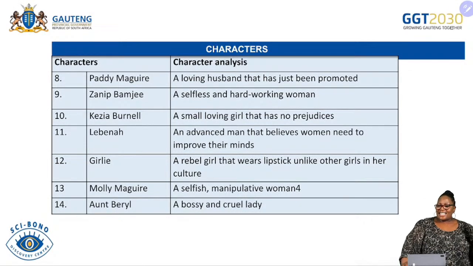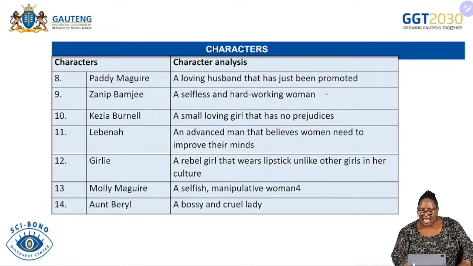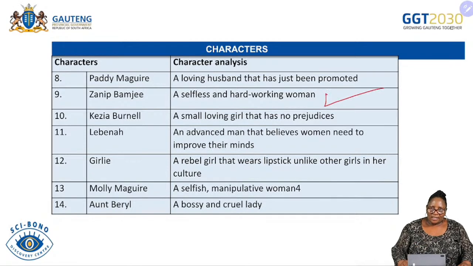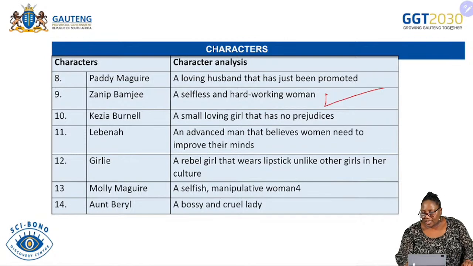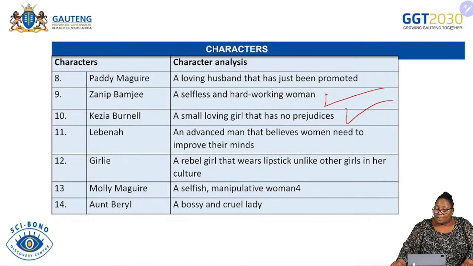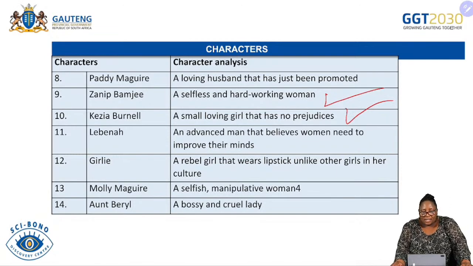Paddy Maguire is a loving husband that has just been promoted. And Zanep Bamji is a selfless, hardworking woman. Kezia Bennell, a small, loving girl that has no prejudice. You remember her, isn't it, from The Doll's House?